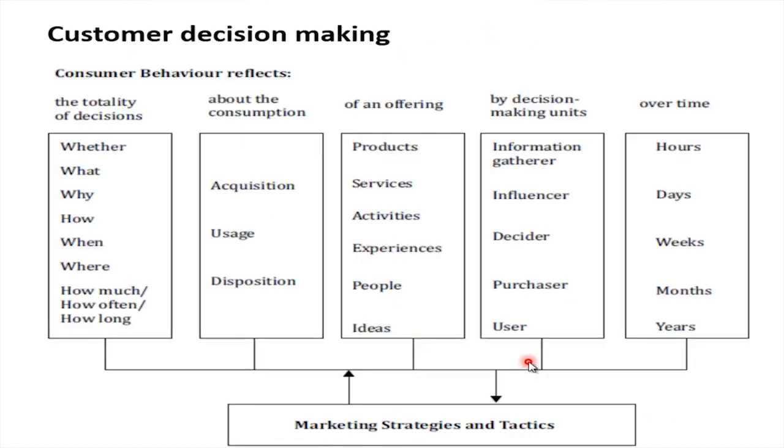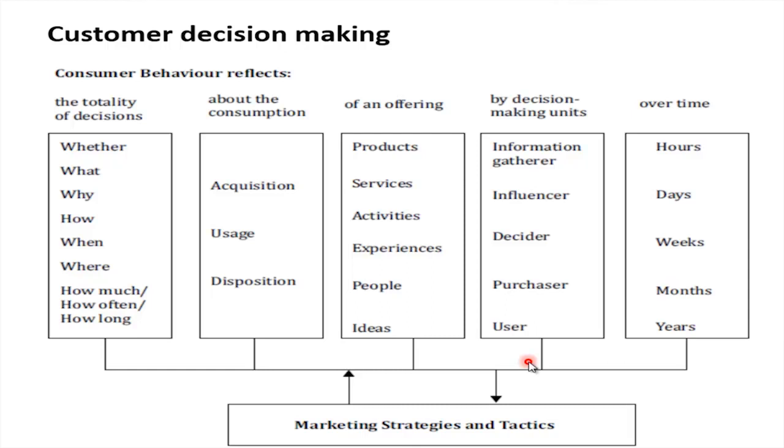Customer decision making. Customer decision making is the most important thing in e-business, because everything that happens in the organization is based on customer decisions. If the customer decides to leave the company for another, then the customer base will be reduced.